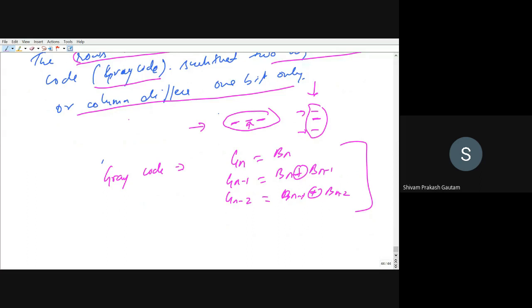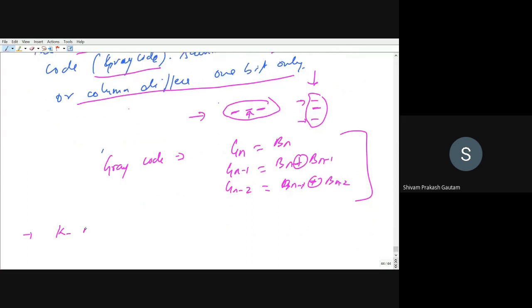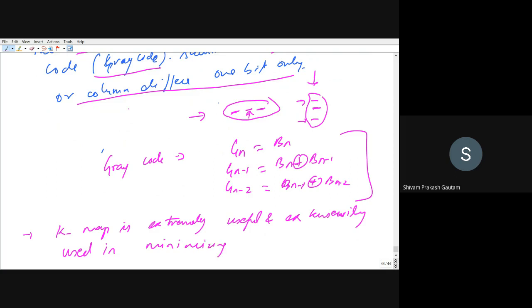So one more definition of K-map. K-map is extremely useful and extensively used in minimizing functions of 3 variable, 4 variable, 5 or 6 variables, right?